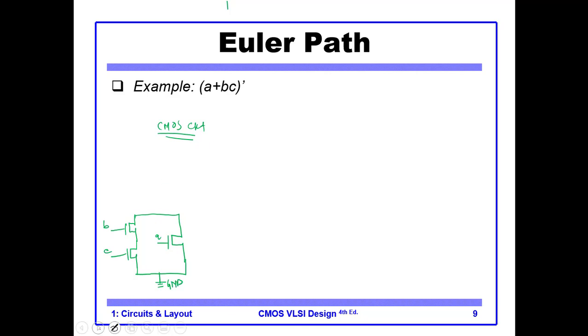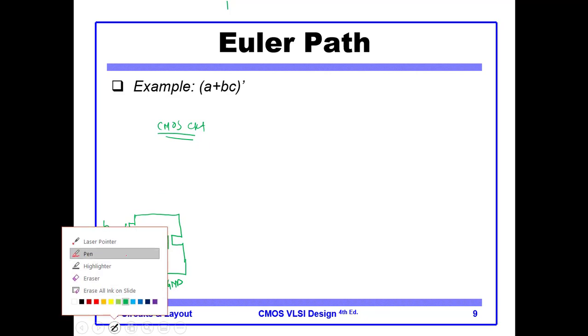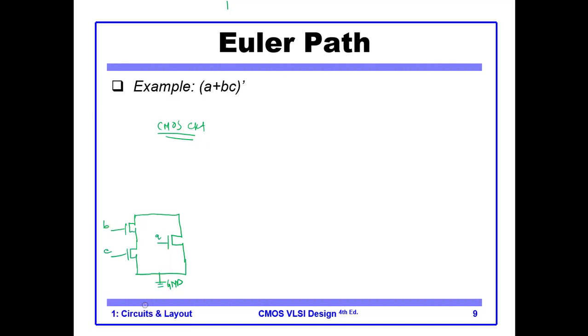Okay, and let me change the color to maybe this one. Okay, and then we have the other one, the pull up, in which B and C will be in parallel. So I have this PMOS and I have this PMOS.